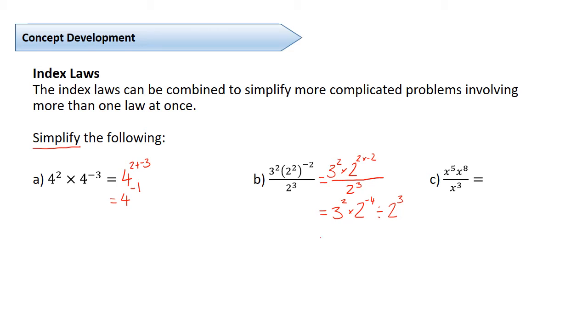So what I can do is use my second index law, which is my subtraction law, which tells me that I have 2 to the minus 4. So divide, I can subtract the powers, take away 3, and write my final answer. Negative 4, take away 3, I should get minus 7.